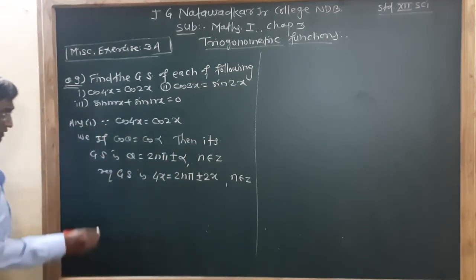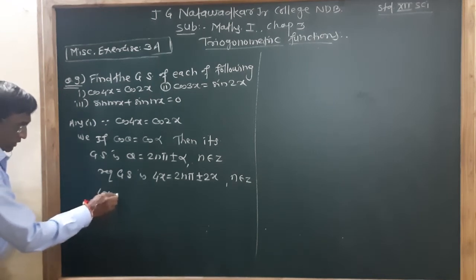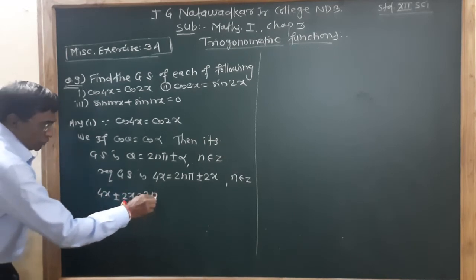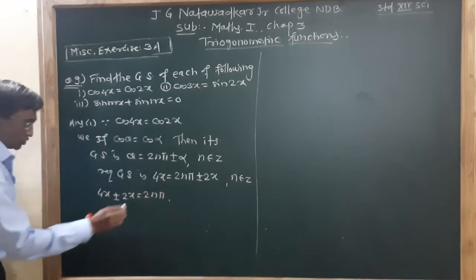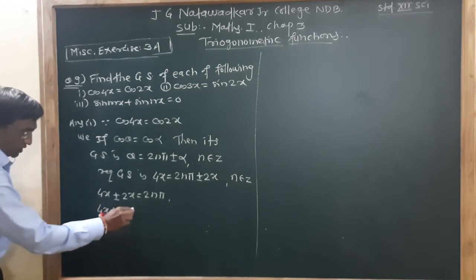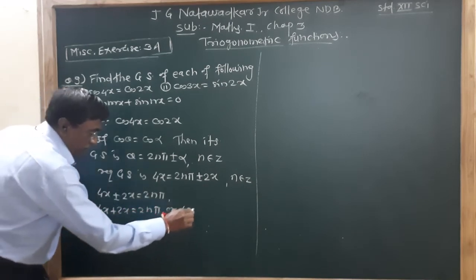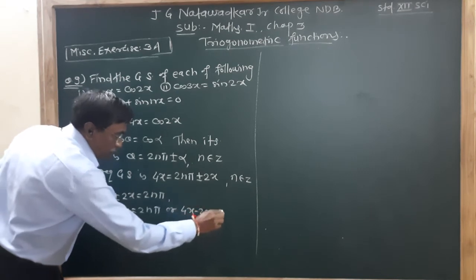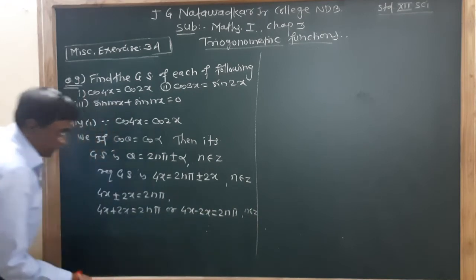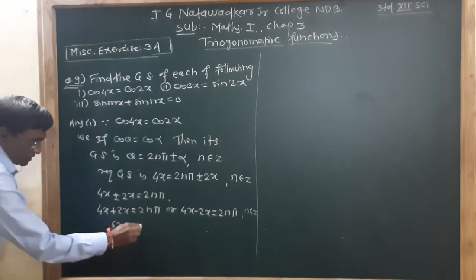Now simplify this. Therefore 4x plus or minus 2x is equal to 2n pi, where n belongs to Z. Now I will separate this: 4x plus 2x is equal to twice n pi, or 4x minus 2x is equal to twice n pi, where n belongs to Z. Now simplify: 6x is equal to twice n pi.